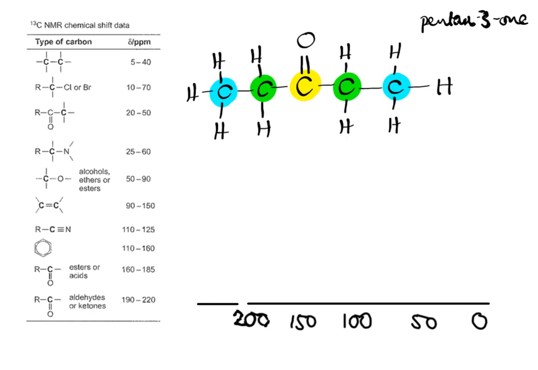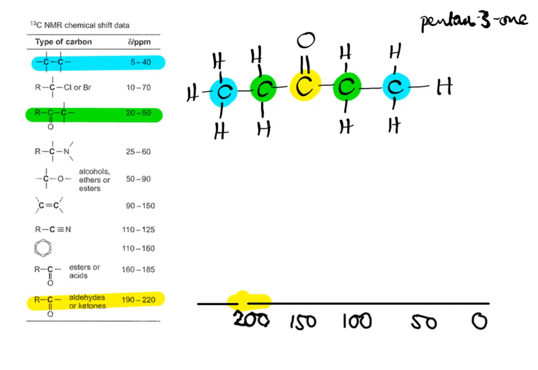We'll take the yellow carbon first. So this is the carbonyl for an aldehyde or a ketone. So this is going to come in around about there. The green carbons, 20 to 50, and the blue carbons not next to anything particularly interesting, so down at somewhere between 5 and 40 parts per million.